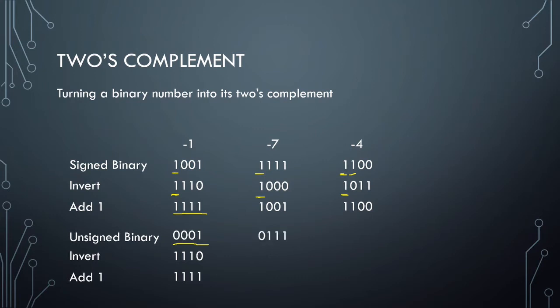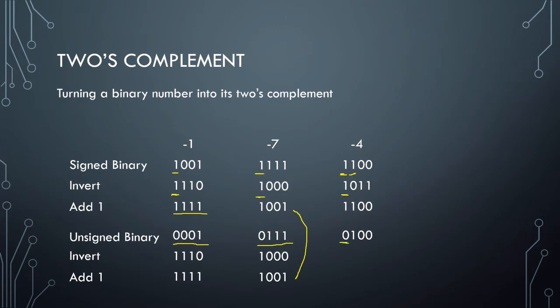And we can see the same thing with -7. This number right here looks like +7, but since we're using unsigned binary, we just flip everything and add 1, and we get the same answer as we did up here. Same thing for -4. We're not using our most significant bit to represent that it's a negative yet.